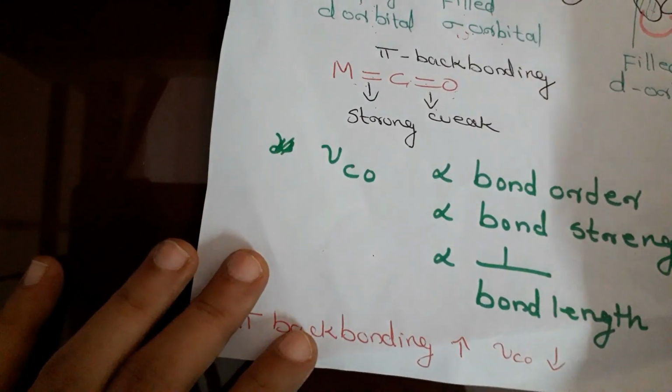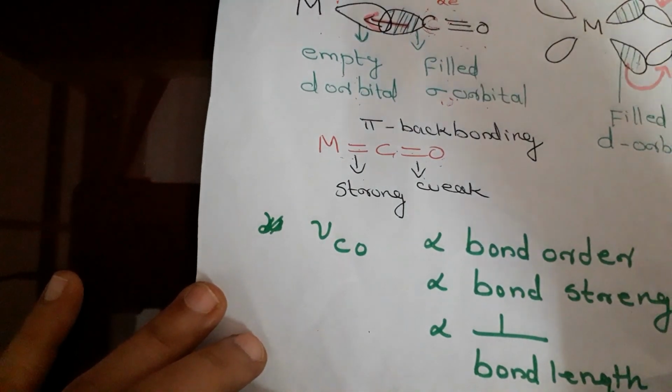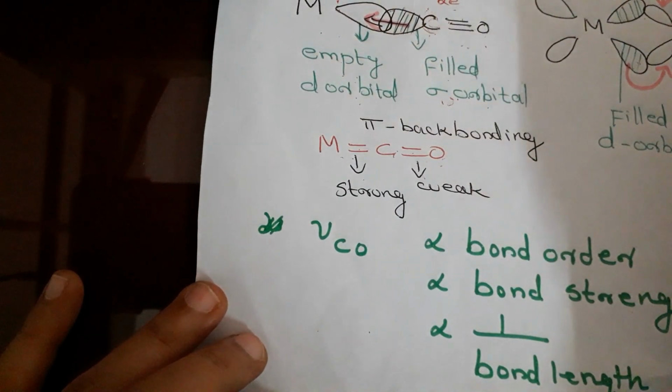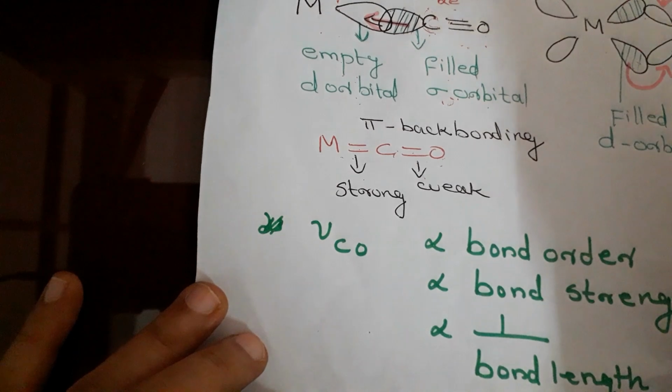Then this carbonyl group's weakness and strength can be explained by IR spectroscopy. In IR spectroscopy, the CO group, the keto group, is detected mostly at 1750. We will study this in detail in spectroscopy classes.